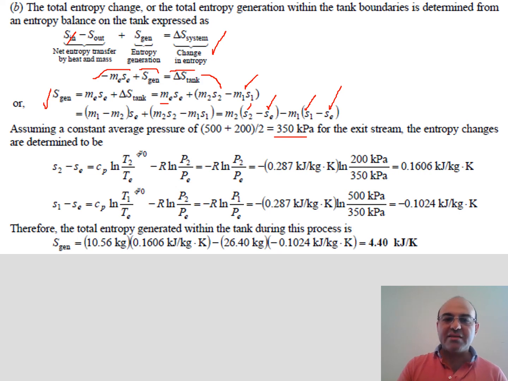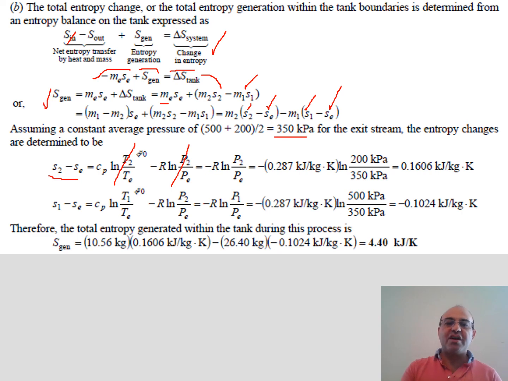So we know that S2 minus Se can be expressed, for instance, based on the ratio of temperatures and pressures, as Cp natural log of T2 over Te. Temperature doesn't change, so this term is 0. And then minus R log of P2 over Pe.